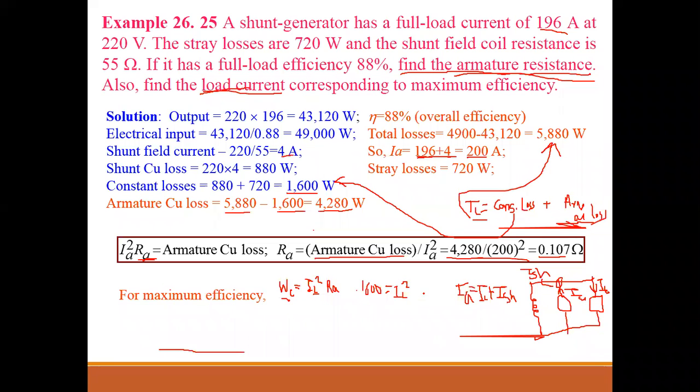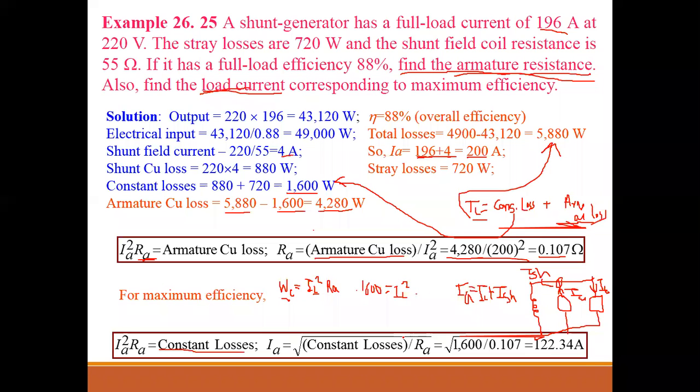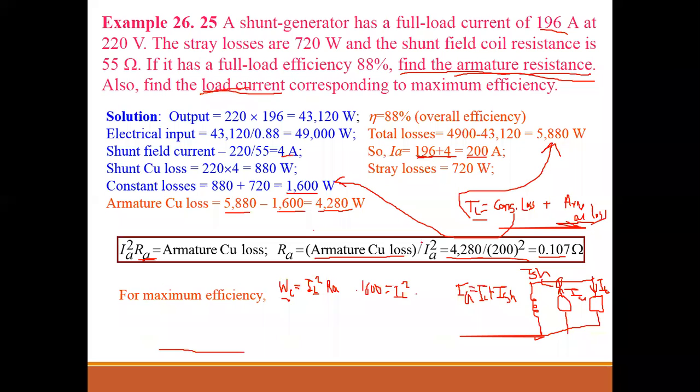Into RA. What is the value of RA? We have calculated RA here, 0.107. So to find IL square, this goes to this side and we divide. IL square is equal to 1600 divided by 0.107.